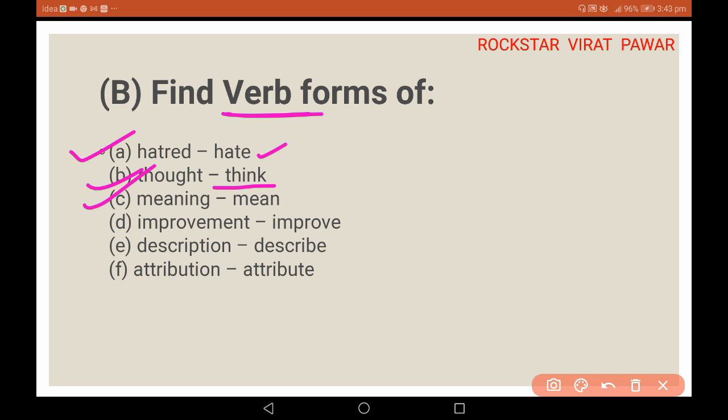Meaning, the word is used as mean. What do you want to tell me? What is the main purpose behind it? You can use it in this form also. Improvement, like improve. You should improve your vocabulary. The next one is description, describe.